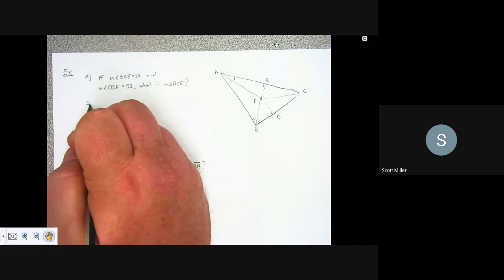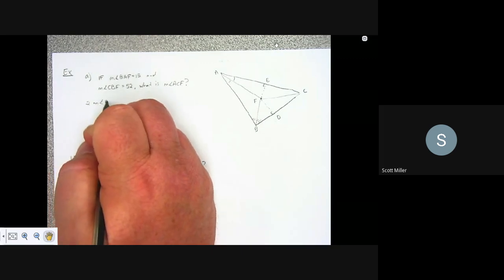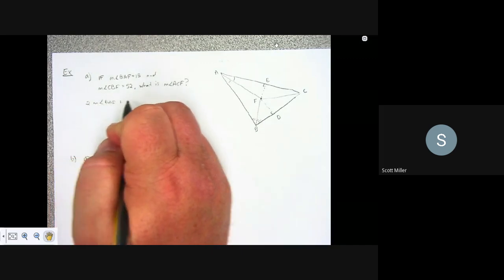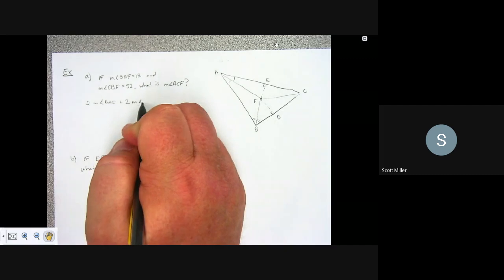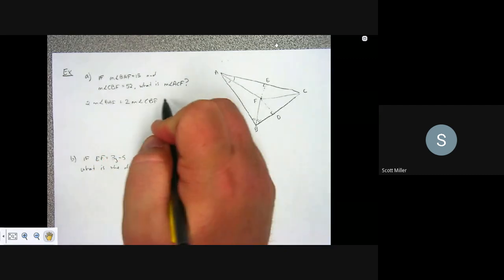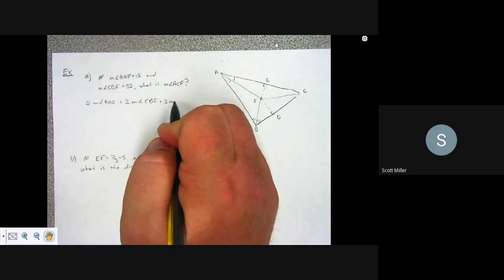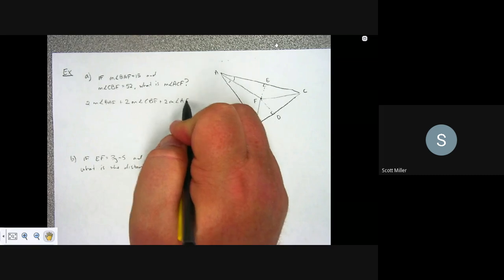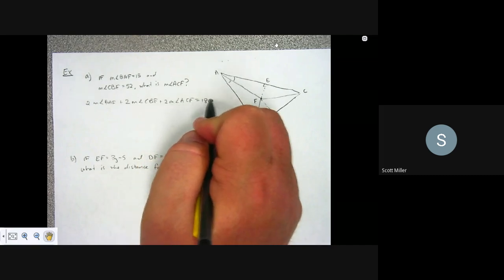So I know that two of these angles, BAF, and two of the angles CBF, and two of angle ACF is 180.